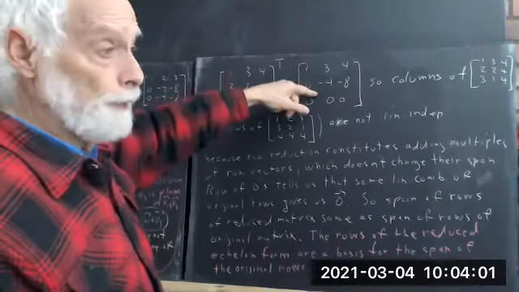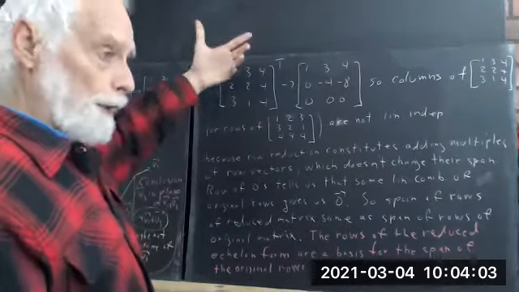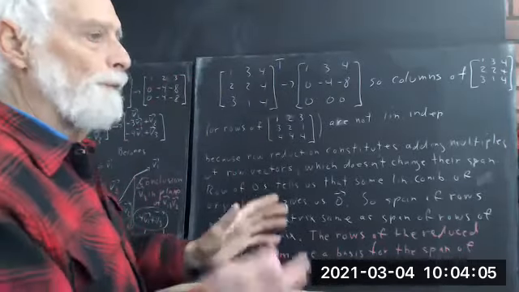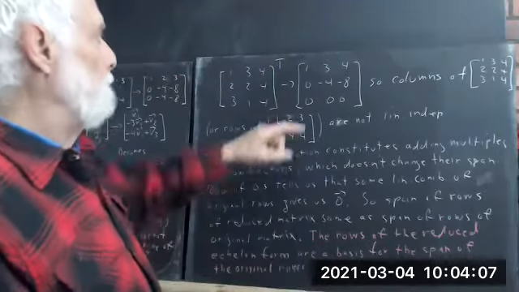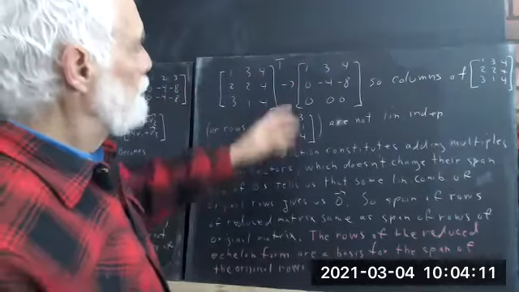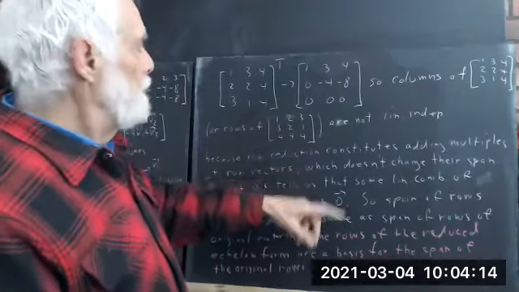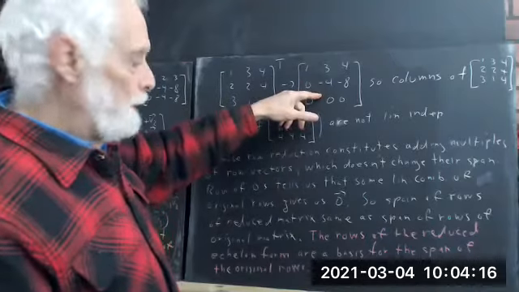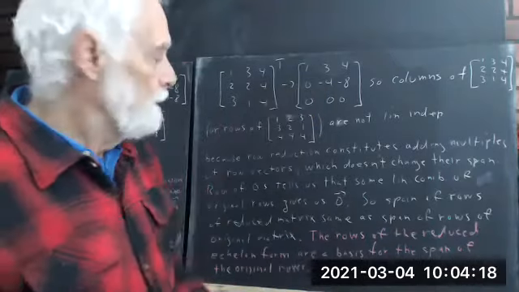Okay, these two vectors form a basis for that span, for the vectors in that plane. Okay, a set of two vectors that span the plane. If we reduce it further, we get even simpler vectors that span the plane.